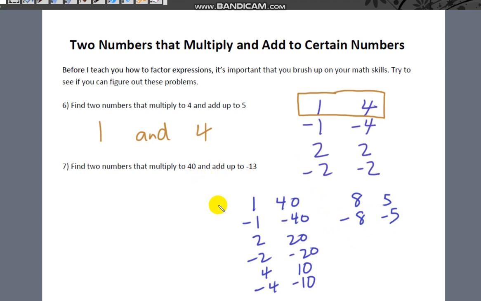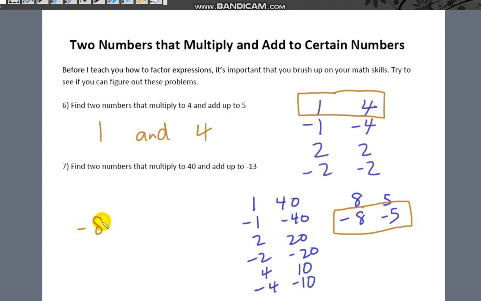But try to look at the list of numbers here. You're trying to look for what adds up to 13. So 1 plus 40, 41, negative 1 plus negative 40, negative 41, 2 plus 20, 22, and so on. We'll just go through the whole list of numbers. What I see here is this would be the pair that works.